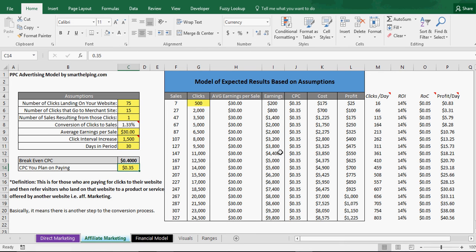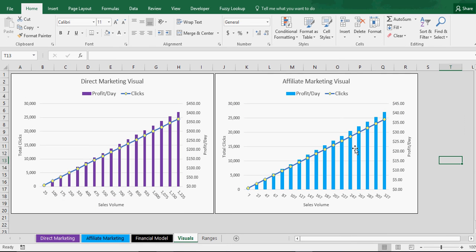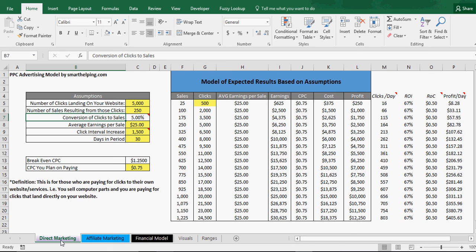So you're spending the same amount of money, getting the same amount of clicks, but your conversion has gone up, and that's why we were seeing those numbers go so much bigger on the profit side of things. I also added some visuals here, just profit per day, and then number of clicks, and this is for direct marketing, this is affiliate marketing. These all auto update, and I think that's it.